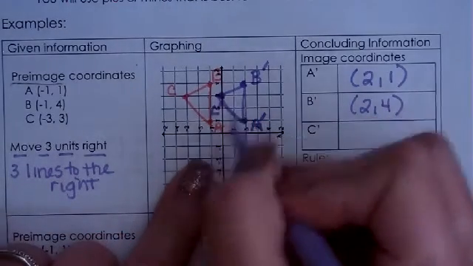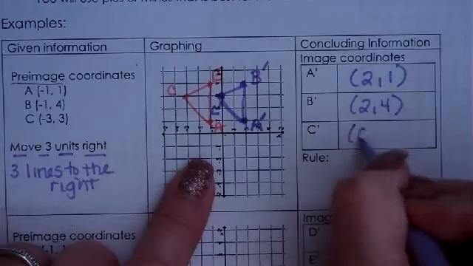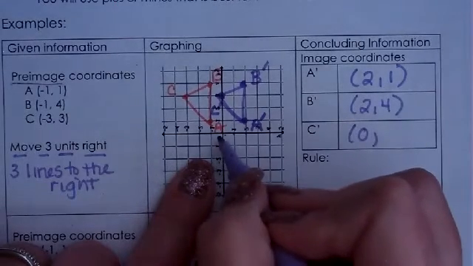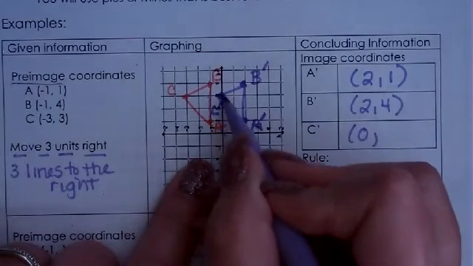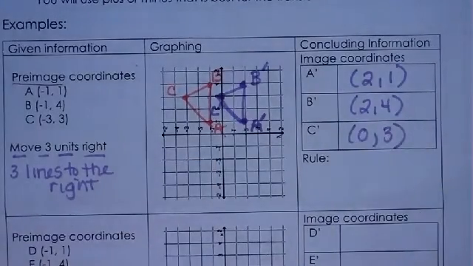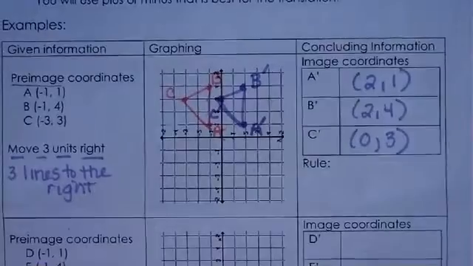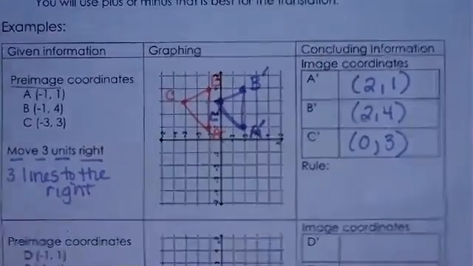C prime over here, it doesn't go right or left any, so the X value is 0. The Y value, though, is 1, 2, 3, because it goes up 3. Now, I'm done. We're not going to worry too much today about the rule. We're just worried about getting it moved. Now, let's look at example 2.